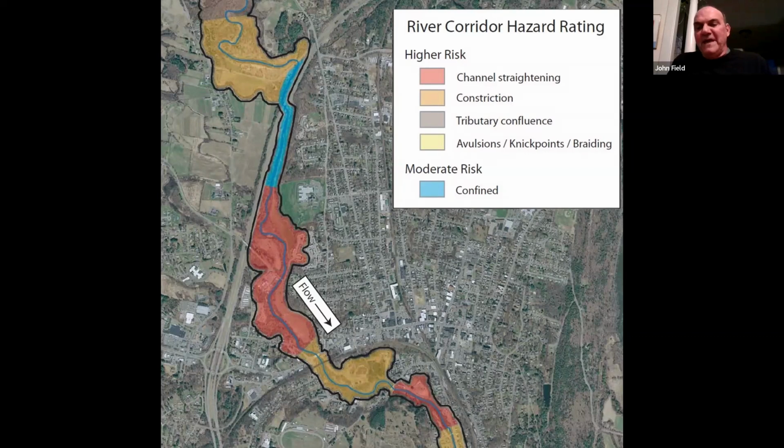And so what river management is doing even to this day since that point is looking at land conservation along river corridors.